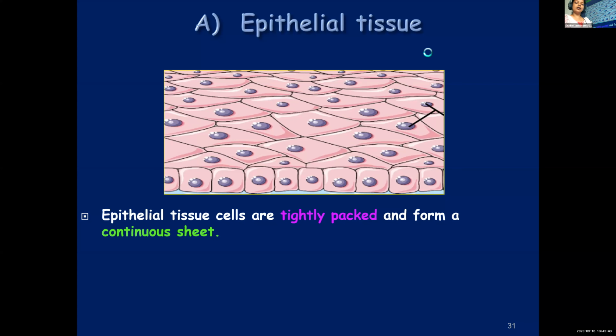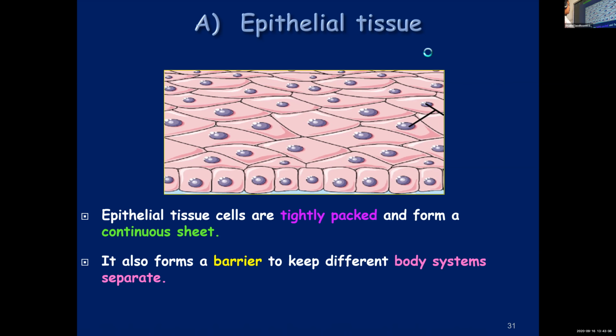You know that one function we already learned, it covers and protects your body and internal organs. So if it has to provide protection, the cells should be arranged very closely without any gaps in between. So the cells are very closely or tightly packed and they form a continuous sheet as you see in the figure.